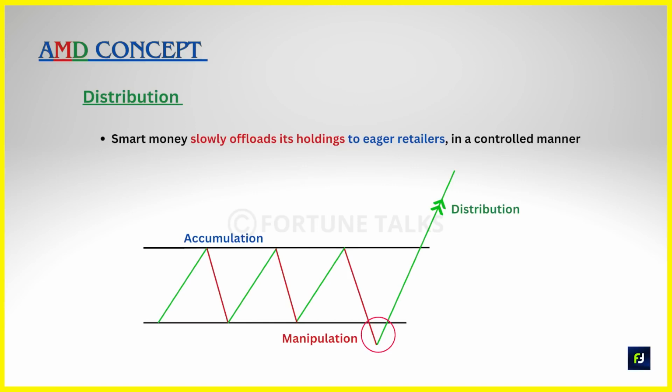The distribution phase in SMC is quite a bit different from the distribution phase that we have learned in the price action course. Here, during distribution, the smart money slowly offloads their holdings, typically in a controlled manner. They distribute their shares to the retail traders who are jumping in, eager to open new positions at higher valuations. This influx can sustain the rally for a while.